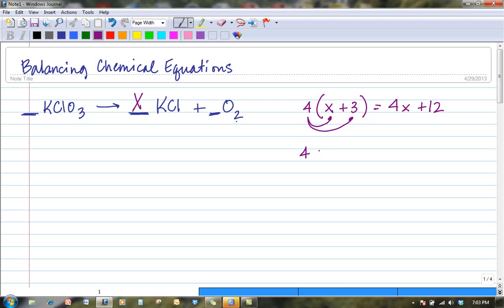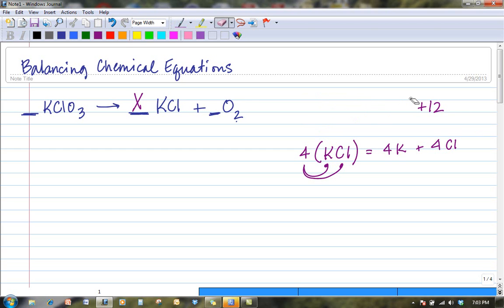Well, if I put a 4 in front of KCl, for instance, then the 4 is going to distribute to each element, to the potassium as well as to the chlorine. So I would have 4 potassium and 4 chlorine. So that's kind of the principle that we are dealing with whenever we balance equations.